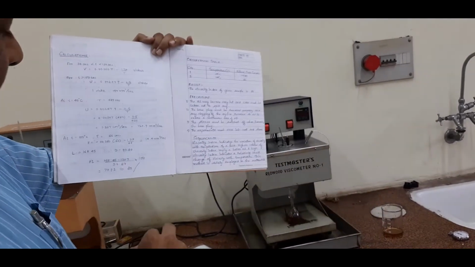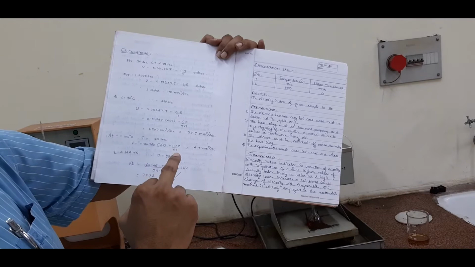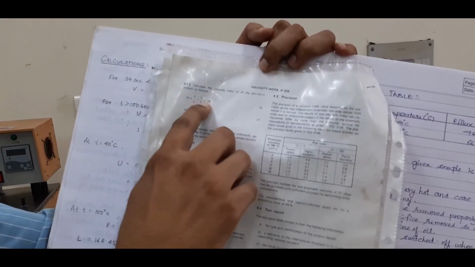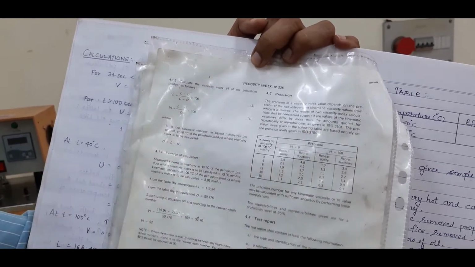So, we are using the formula (L minus U) divided by (L minus H) into 100.